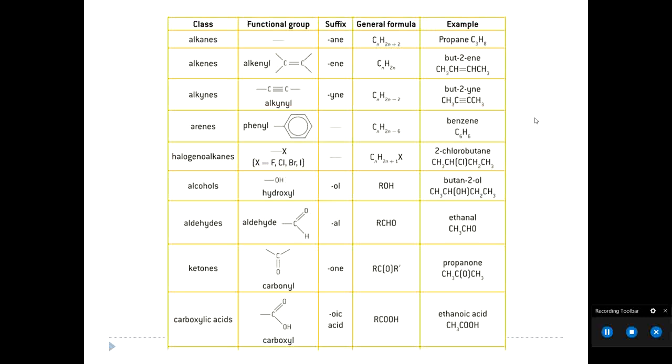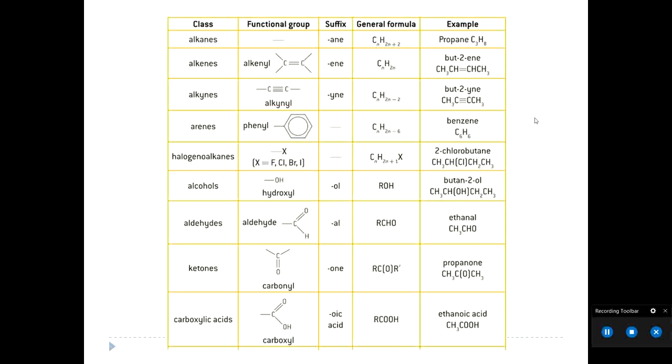Okay, I'm not going to spend time going through this table, but you can see they have the class, what we call the functional group, the suffix we use when naming, the general formulas, and an example of each one. So here are some of our general carbon, hydrogen, our hydrocarbons, as well as our oxygen-containing compounds. Feel free to pause and copy down this table.